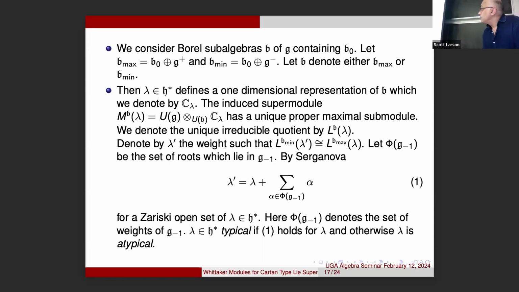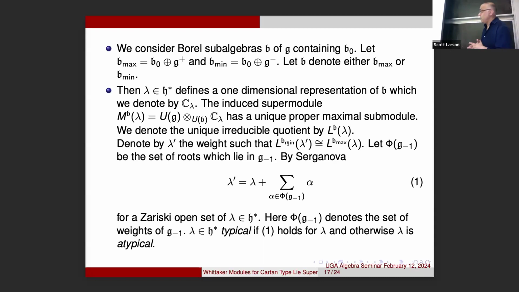So let's say lambda: let's look at L_B max of lambda. I'll have a simple module with highest weight lambda using this maximal Borel subalgebra. Let's say this is isomorphic to some L lambda prime for the minimal Borel subalgebra.